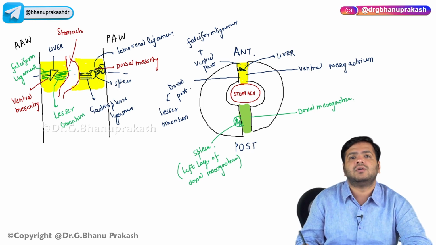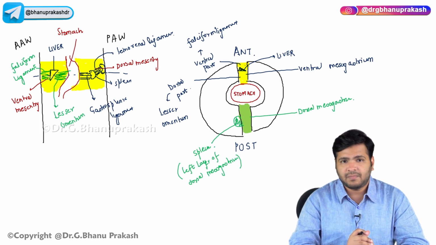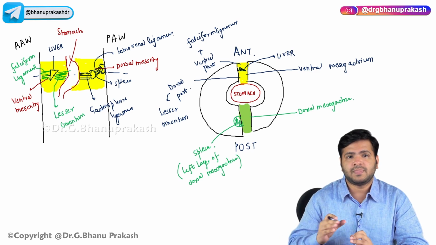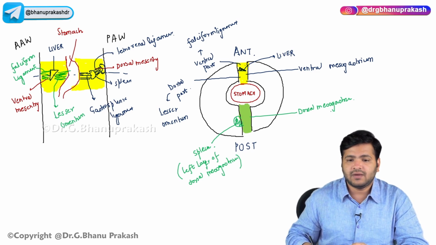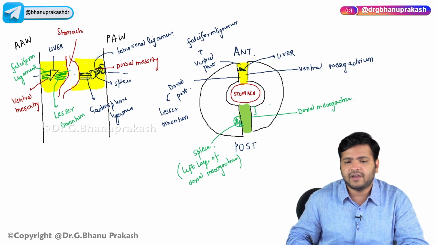Now, this dorsal part will also have two parts, right? The one which is connecting to the stomach is the greater omentum, right?